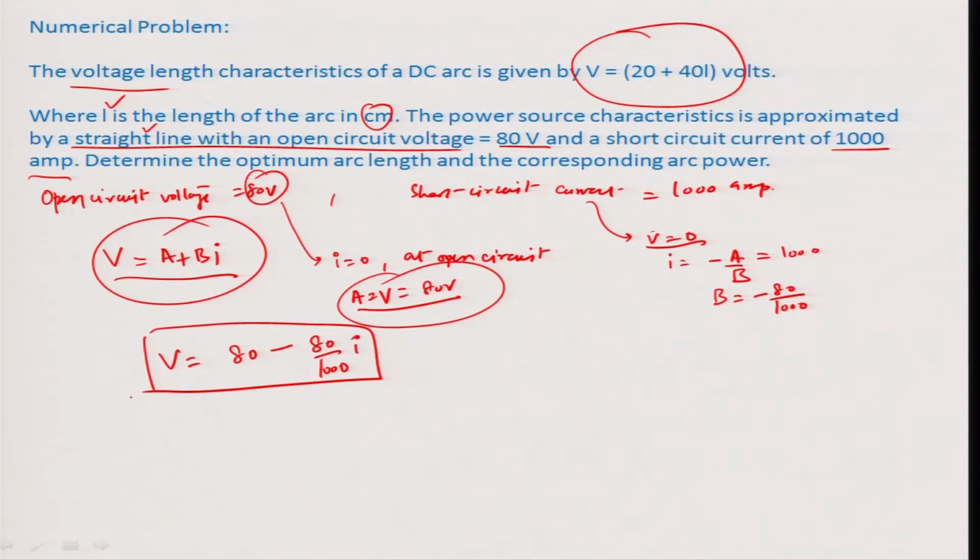We also know that V is written as 20 plus 40 L volts, where L is in centimeters. It has been given in the question itself.